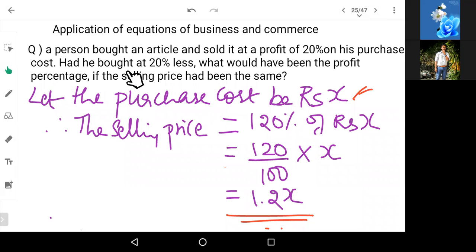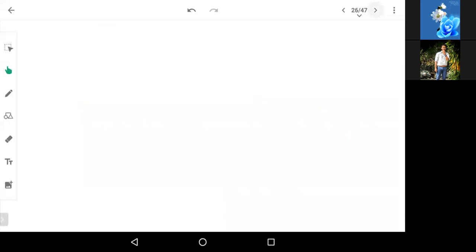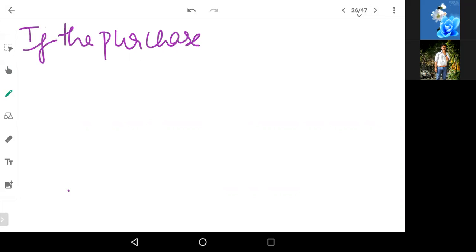Had he bought at 20% less, so he is buying the product at 20% less. So here, if the purchase price or purchase cost is 20% less, it means the same thing.